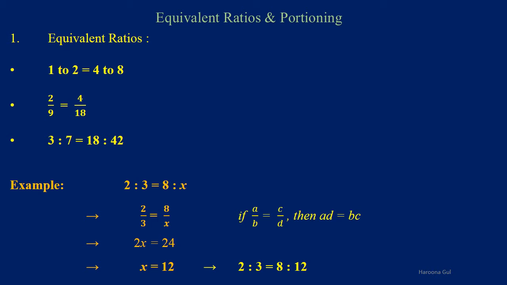To check that our equation is correct, if we multiply 2:3 by 4, we get 8:12. 2 times 4 is 8, and 3 times 4 is 12. So our answer is right. The value of x is 12.